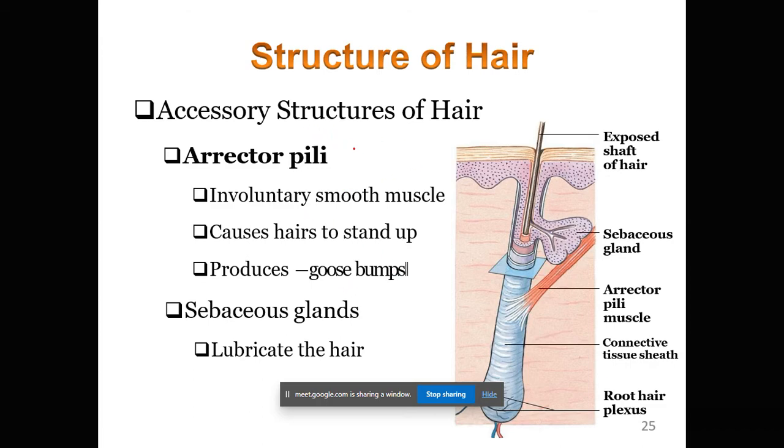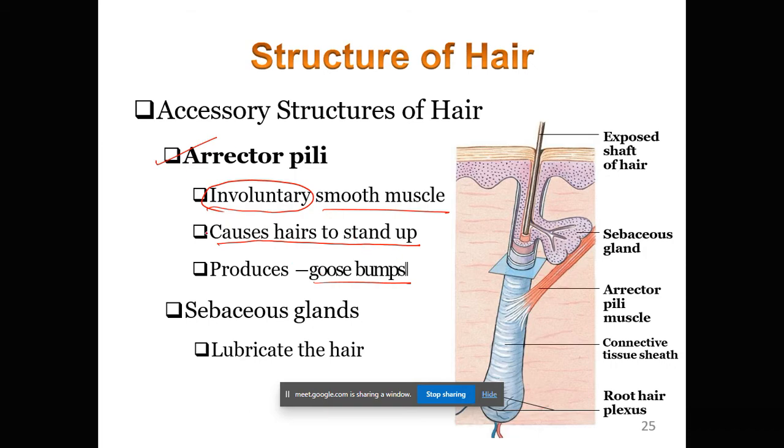Okay, so the accessory structures of the hair, the first one is the arrector pili muscle. It is an involuntary smooth muscle. It causes hair to stand up, so it produces goosebumps. Whenever we have the shivering response to excess cold outside, our hairs stand up.